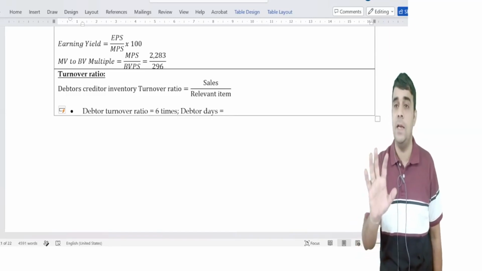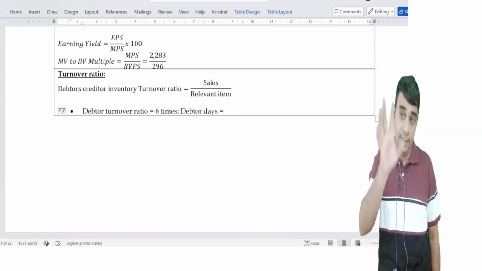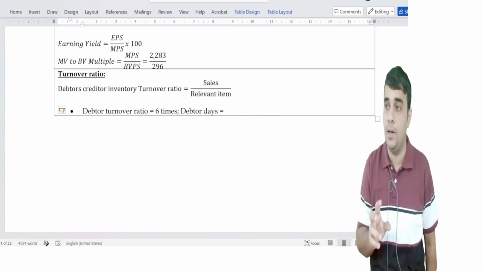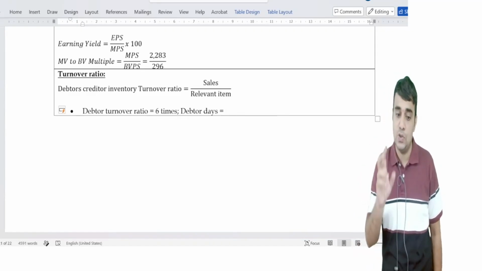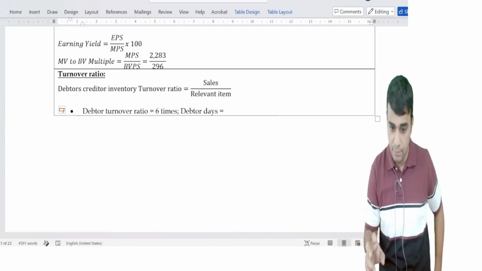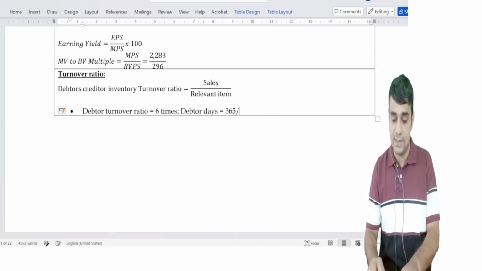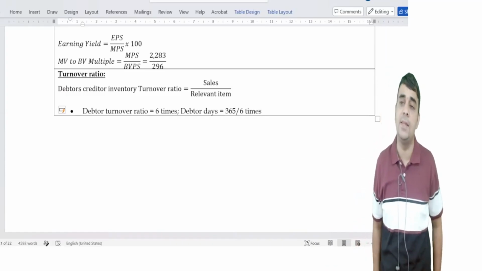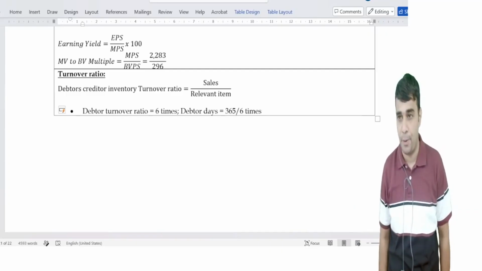We saw this a little bit when I did costing. There was inventory turnover ratio and inventory days. So debtor turnover ratio 6 times, debtor days is 365 by 6, or 360 by 6, 60 days approximately.